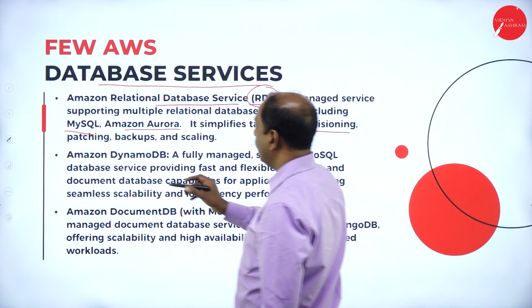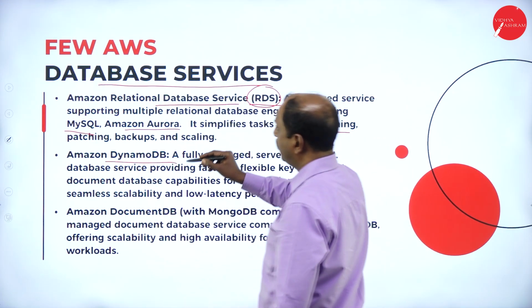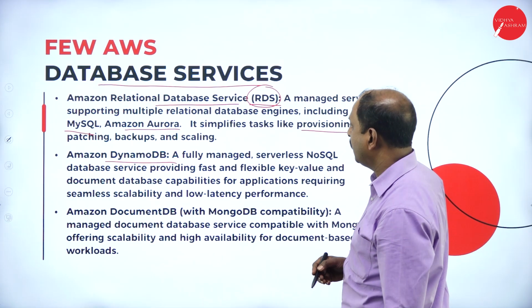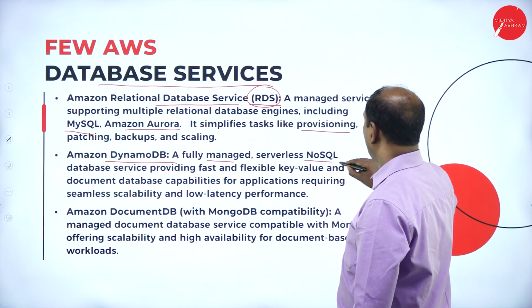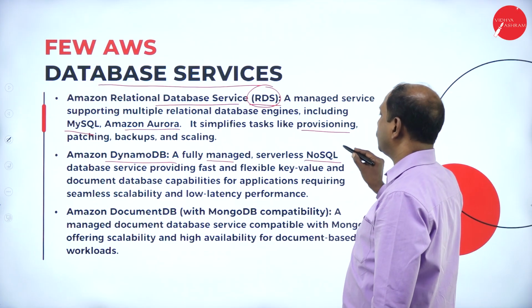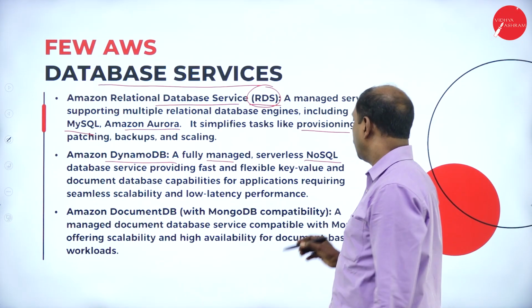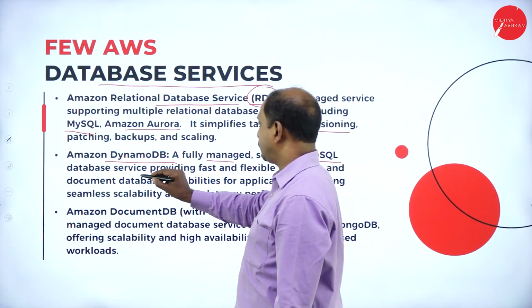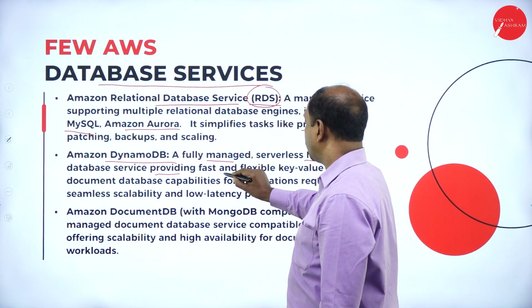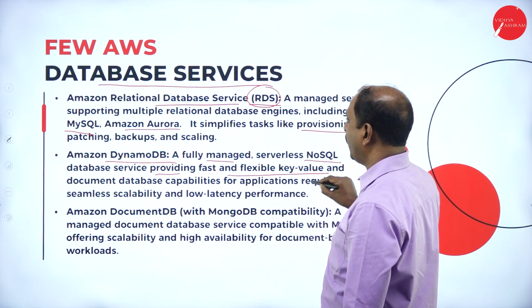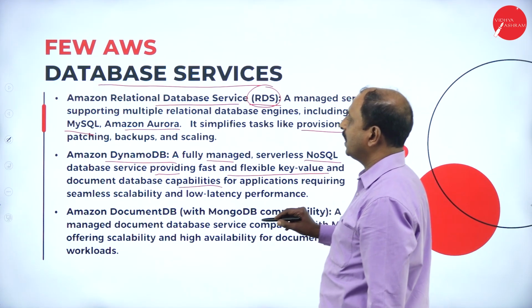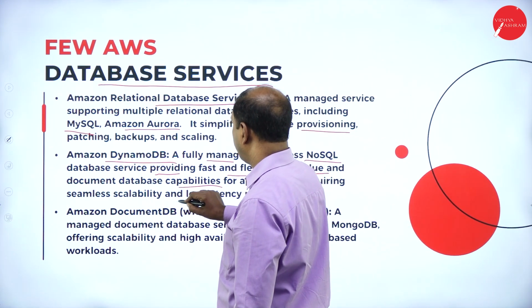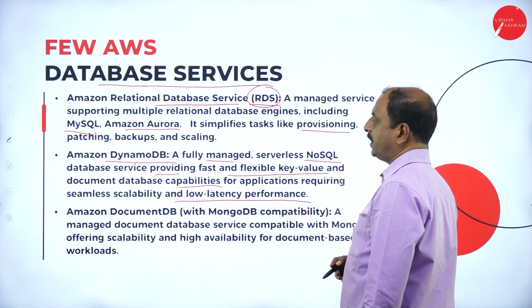Next one is Amazon DynamoDB, another type of database service. It is a fully managed serverless NoSQL database. NoSQL stands for not only SQL, providing fast and flexible key-value and document database capabilities for applications requiring seamless scalability and low latency performance.